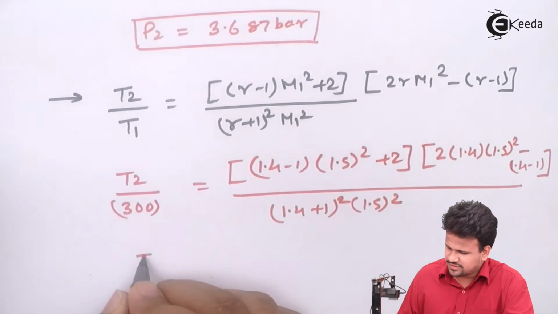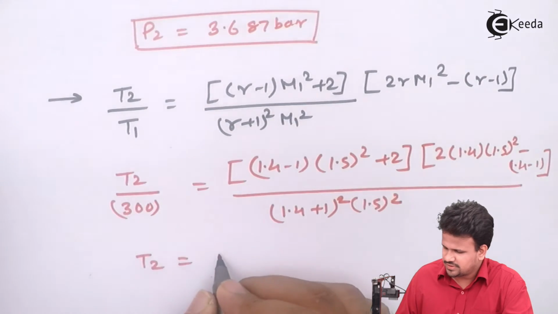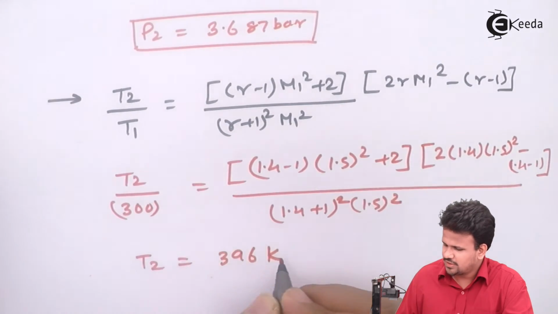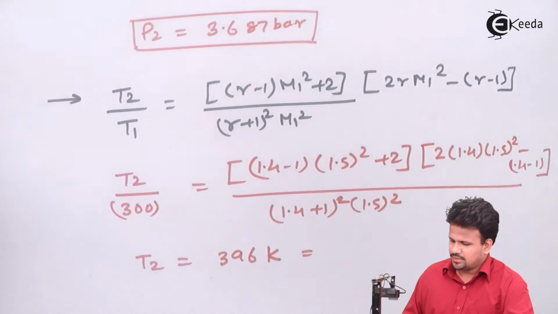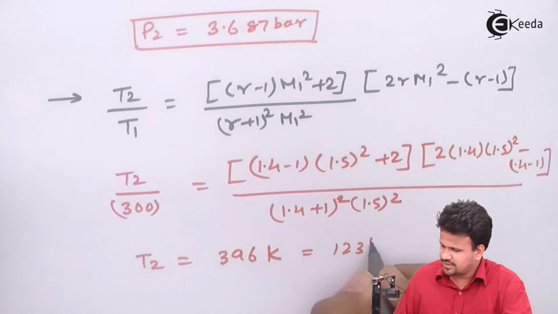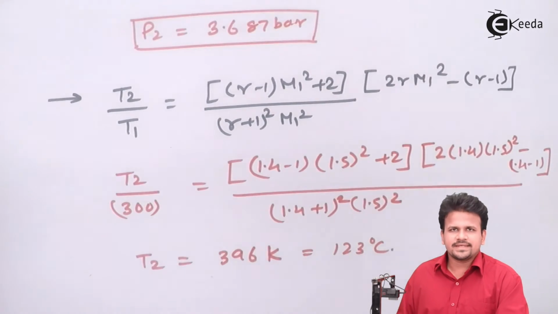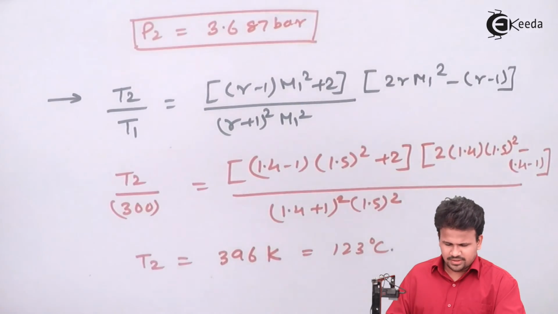On calculation of this part, T2 comes out to be 396 Kelvin, or we can convert that into degrees Celsius, which is 123 degrees Celsius. So the temperature has increased. Now we have calculated the temperature.